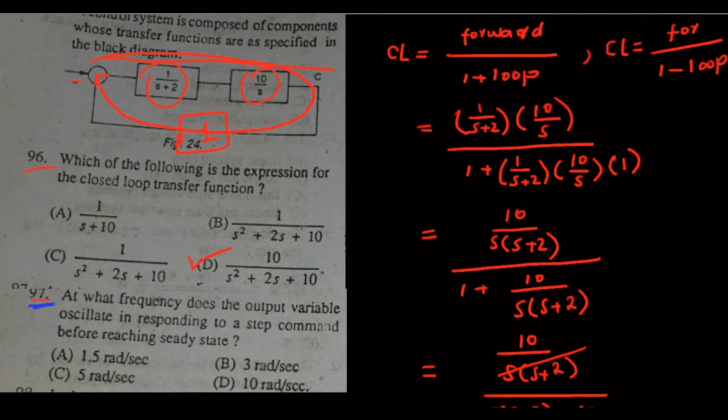In question 97, it is required to find, if we apply a step input to the system, at what frequency the response will oscillate. If we apply a step input, the response of the system will look like that. In this response, we have two parts.